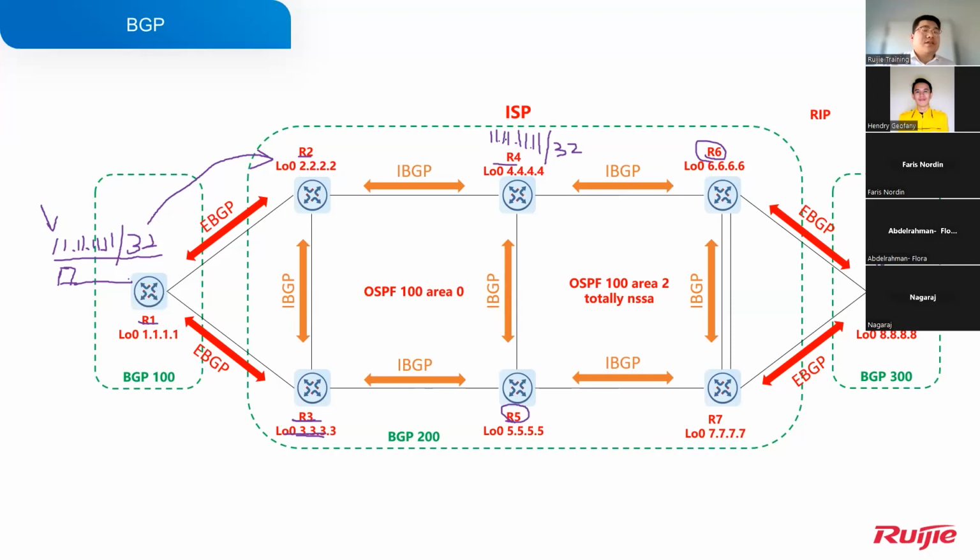The reason is that, based on the BGP route forwarding policy, a route from an IBGP neighbor will not be forwarded to another IBGP neighbor anymore. Why?